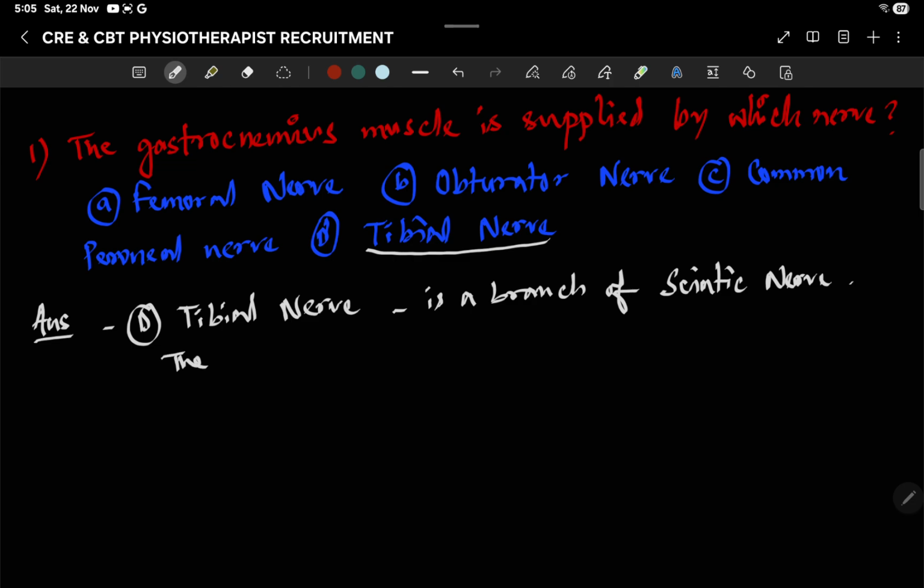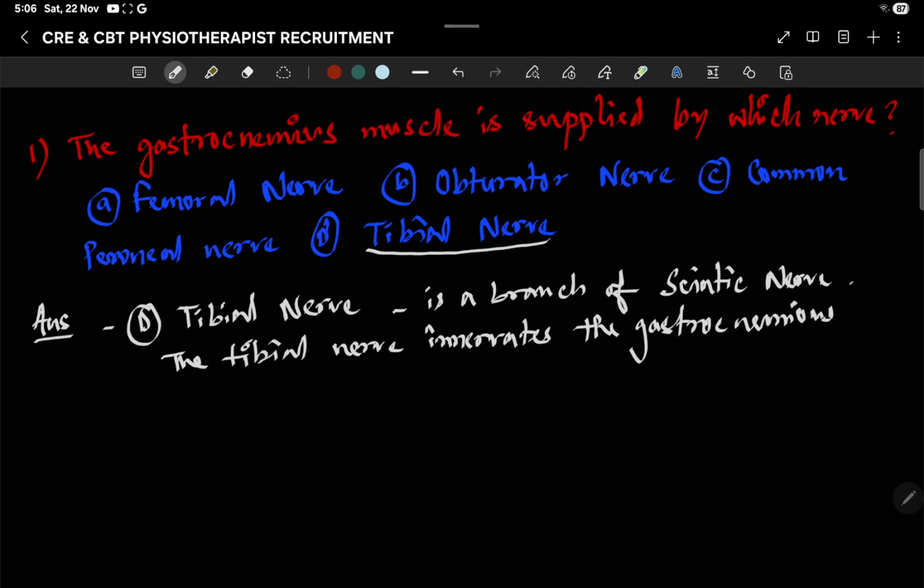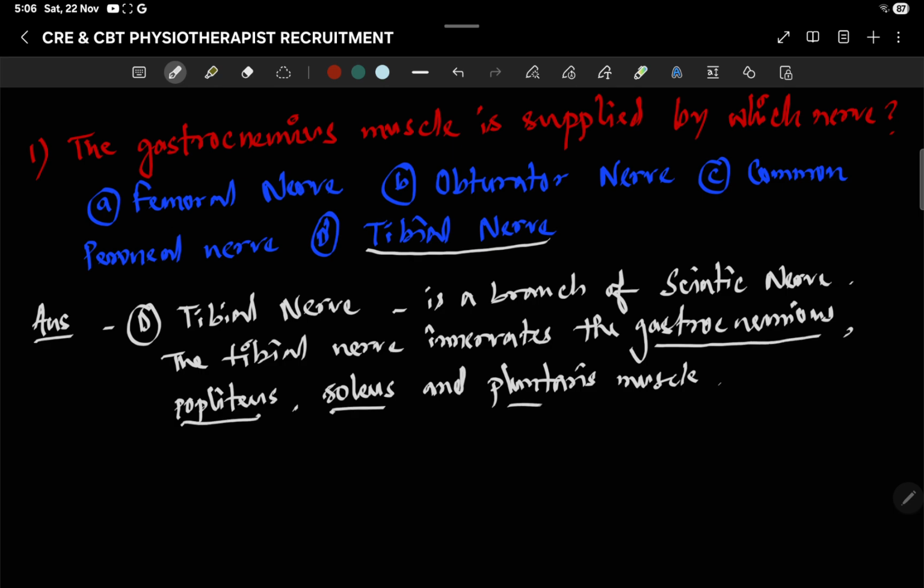The tibial nerve innervates the gastrocnemius, popliteus, soleus, and plantaris muscles. These are all innervated by the tibial nerve.